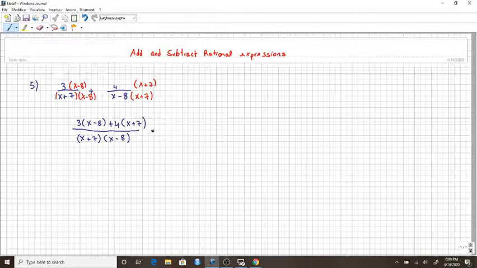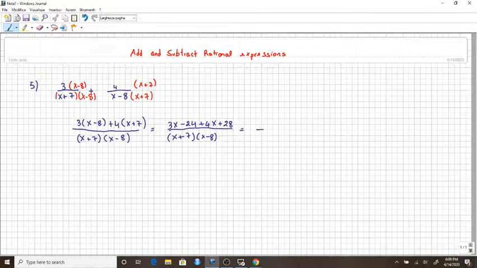And now the denominator still stays the same, which is x plus 7 times x minus 8. I can use the distributive property, so it becomes 3x minus 24 plus 4 times x, which is 4x, plus 4 times 7, which is 28.